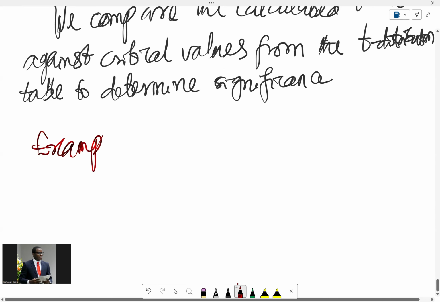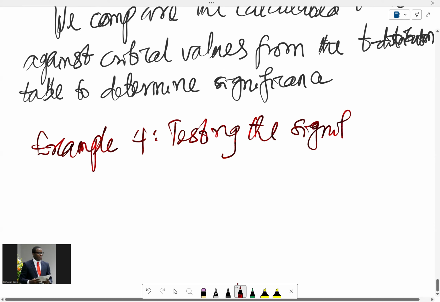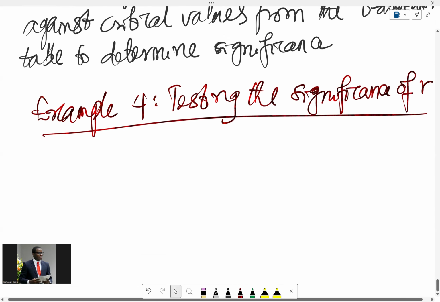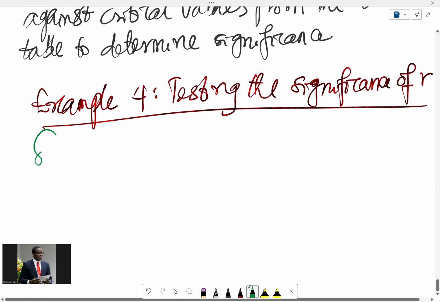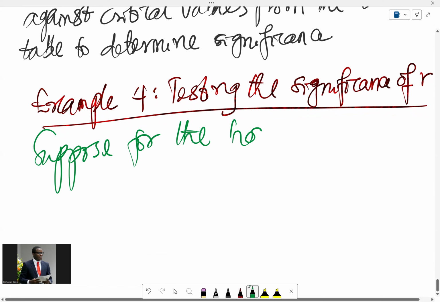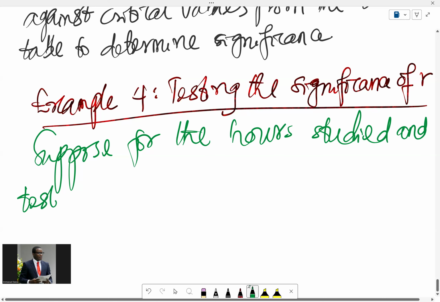We'll have example 4, which is testing the significance of r. Suppose for the hours studied and test scores, we have the Pearson correlation coefficient to be 0.95.